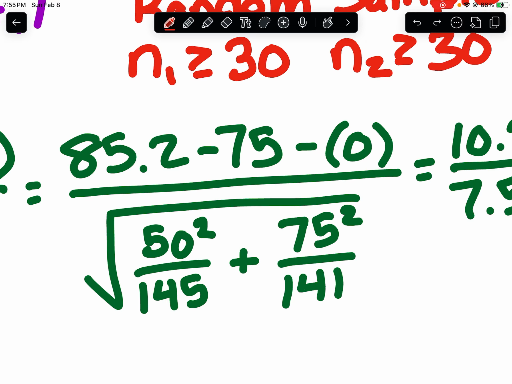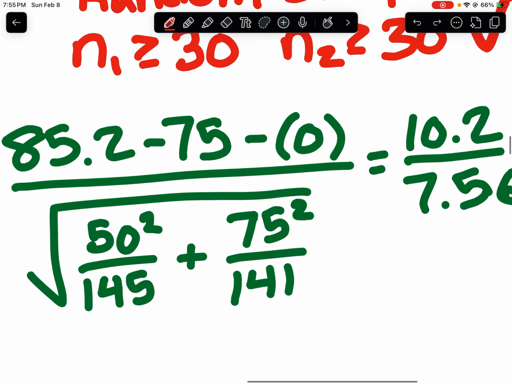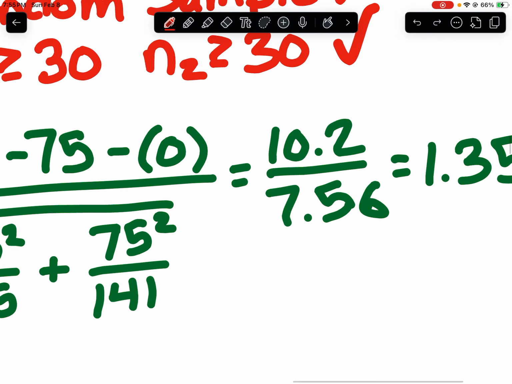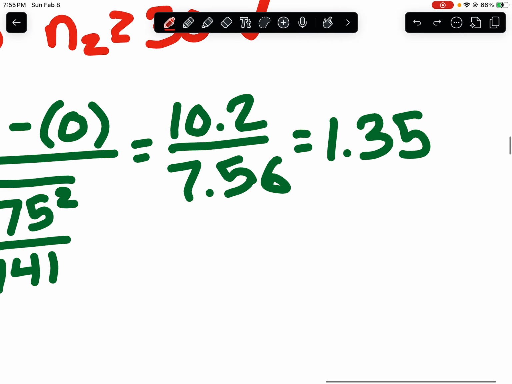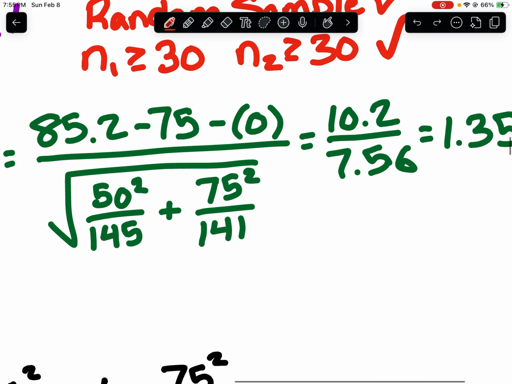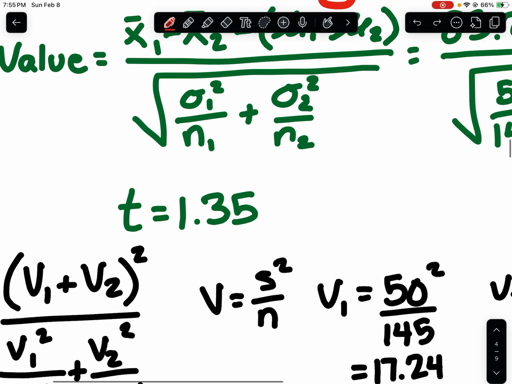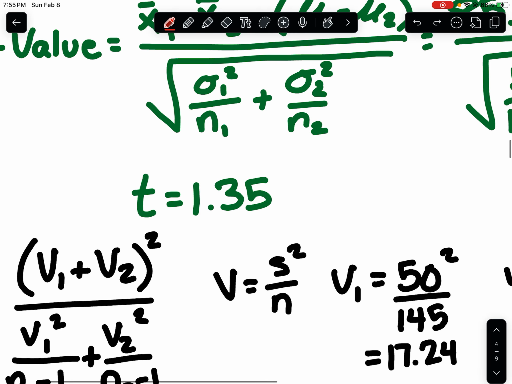So we're basically doing a fraction for the male and a fraction for the female. If we work this through, the 85.2 minus 75 gets me 10.2 on the top part. The bottom square root ends up being 7.56. If I divide those, I get 1.35 for a t-value. So t equals 1.35.